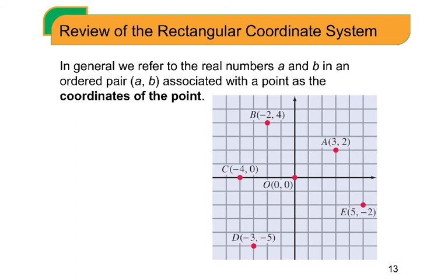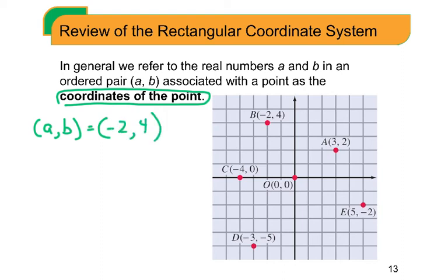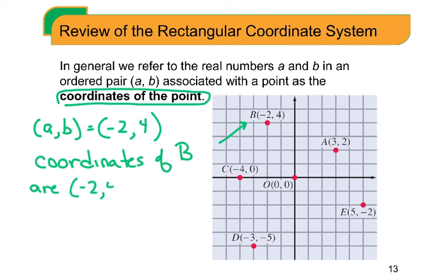Okay, so here's some more vocabulary. Coordinates. So if we have an ordered pair, say B equals negative 2, 4, the coordinates of this point B are negative 2, 4.